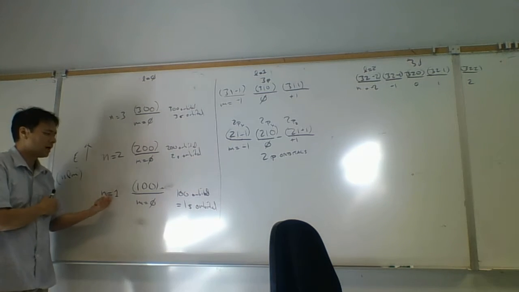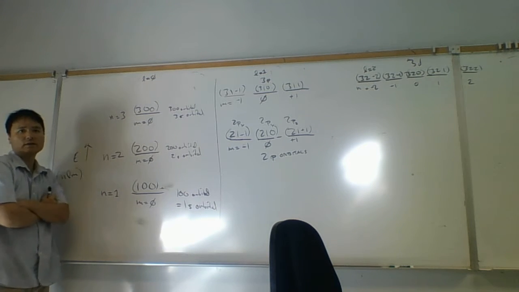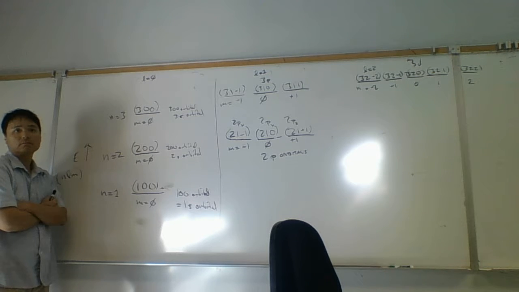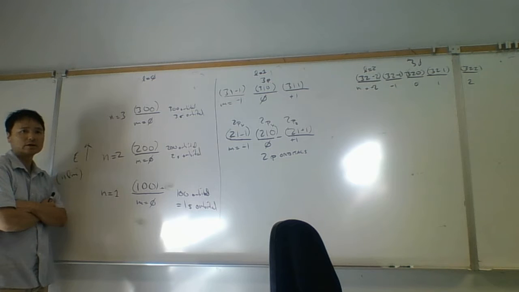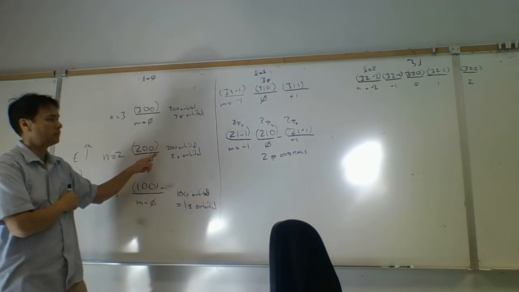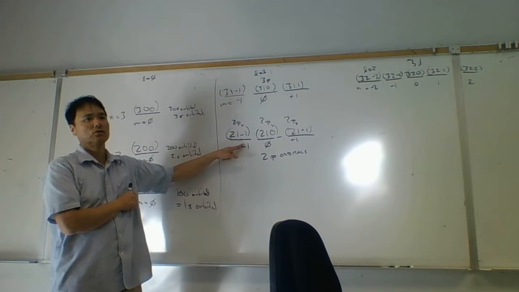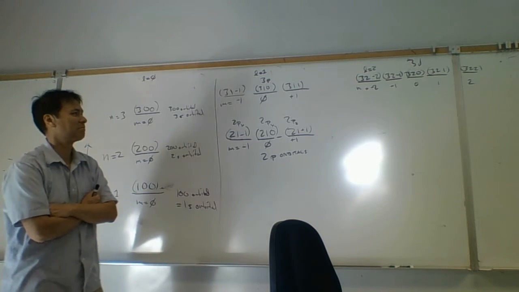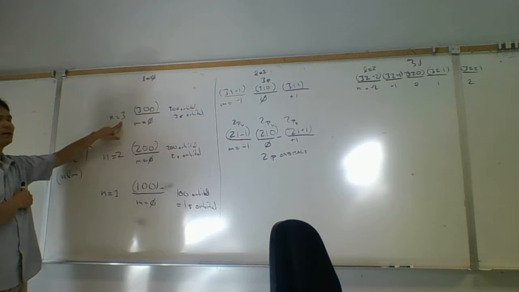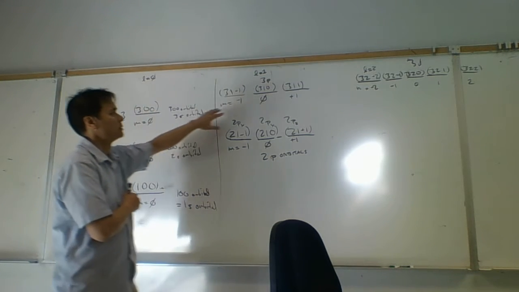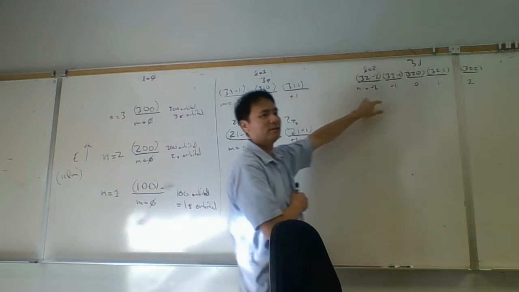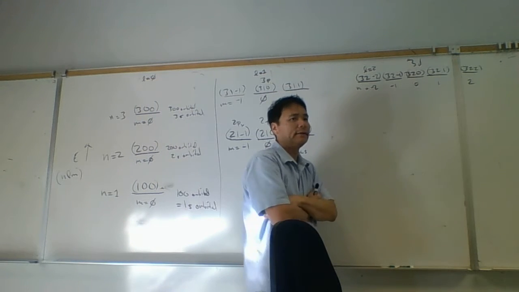So for n equals 1, how many orbitals do we have total with n equals 1? Just 1. If n equals 2, how many total orbitals are there? Well, 1 plus 3 is 4. When n equals 3, how many total orbitals are there? 1 plus 3 is 4, plus 5 is 9. 9 total orbitals.